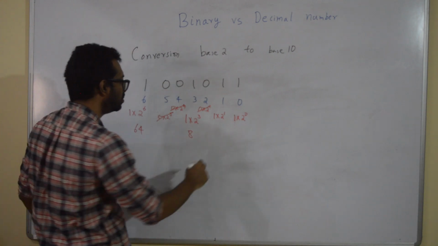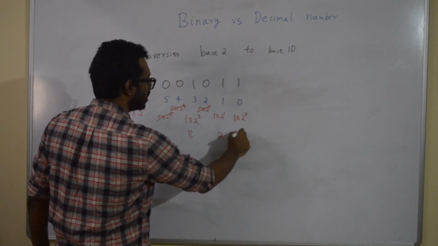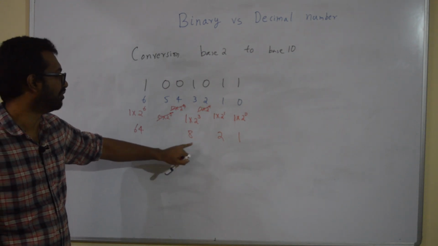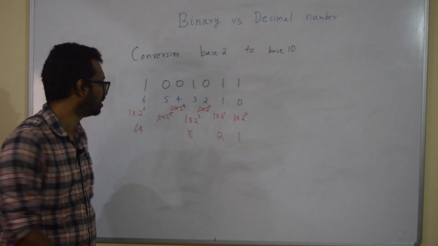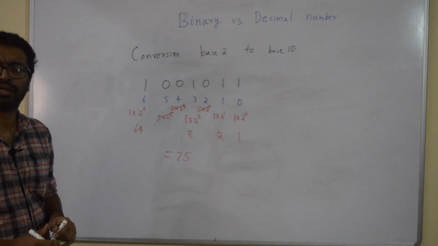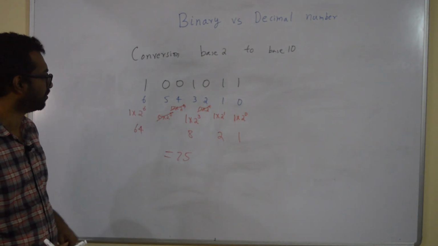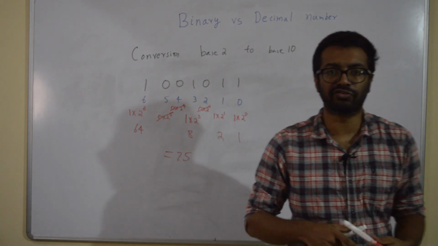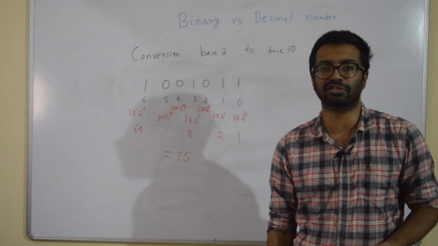This is 2. And this is 1. 64 plus 8 is 72, plus 2 is 74, plus 1, this is 75. So this is the decimal number for the binary number. Okay, so now we have seen both the procedures, going from decimal to binary and binary to decimal. Thank you.